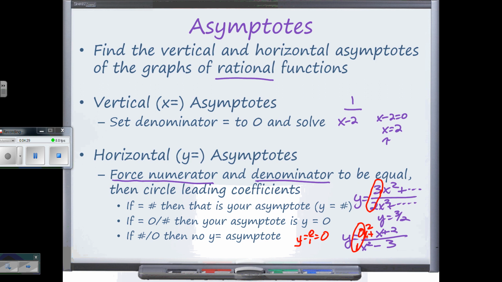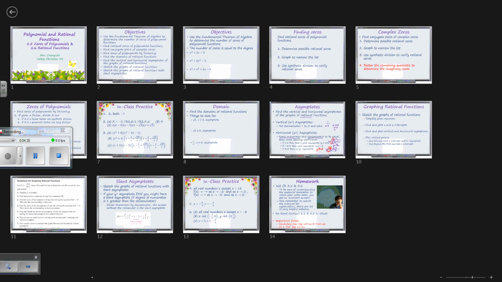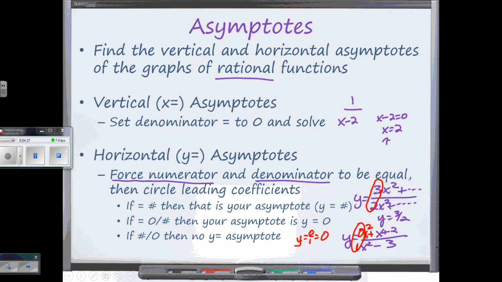All right. Now, the other situation is when the denominator has the forced one. So now what if I have 2x squared plus something over x minus something?